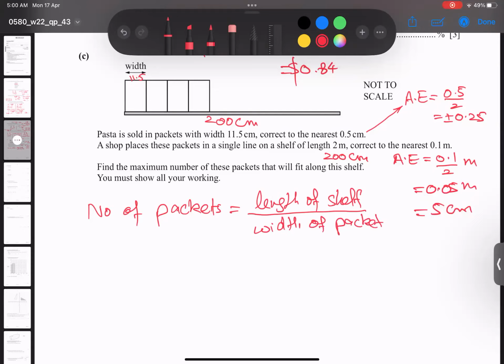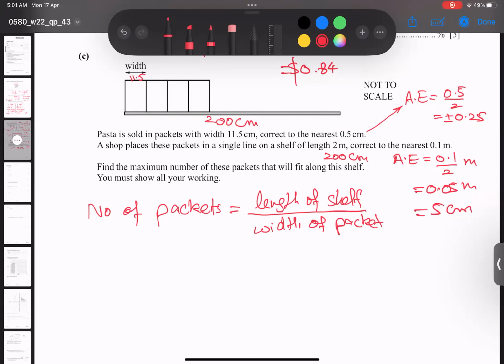Okay, so I hope you got the point of what I'm explaining. If I'm looking for the number of packets, what is the technique? 200 total length and divide by each. I will give an example. If 200, let's say this gap is 10, so 200 divided by 10 means 20. It means I can fit 20 packets here in alignment. This example is only to give you an idea.